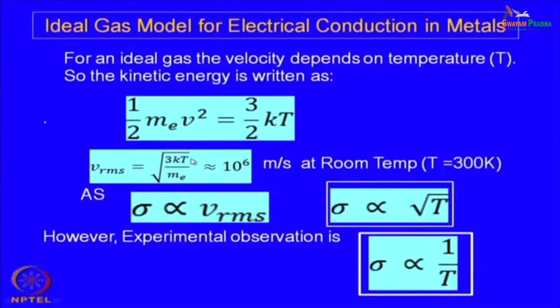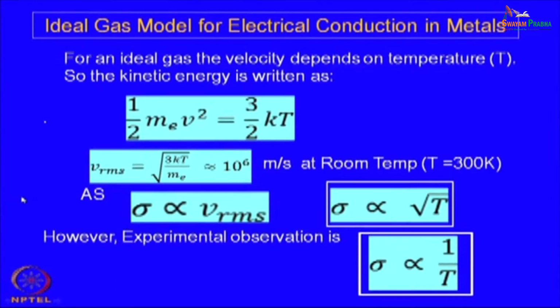So, from the ideal gas model one expects that sigma is proportional to root T, whereas the observation is just opposite, and that is the limitation and the problem with this model. So, this cannot really explain the temperature dependence of the conductivity in metals.